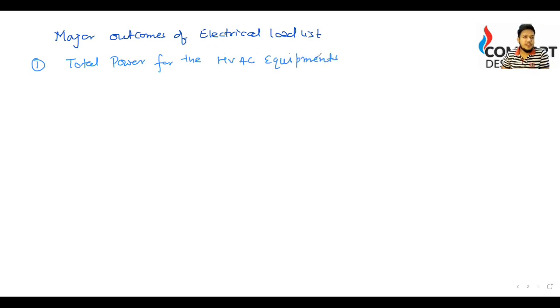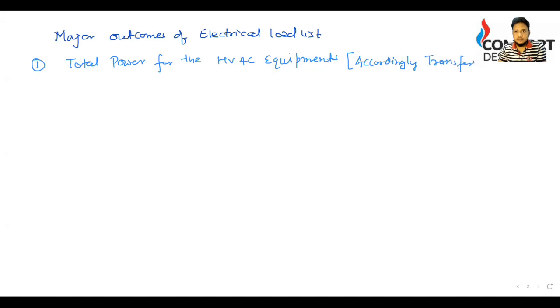This is what we would be getting, the total power of the HVAC equipments. Accordingly, the transformer will be selected. So that is the first major outcome of the electrical load list.